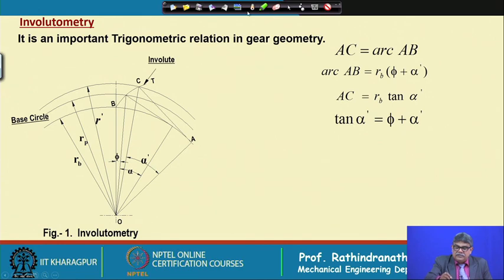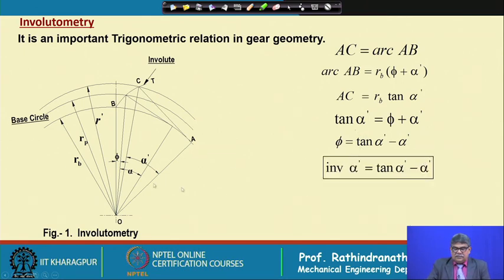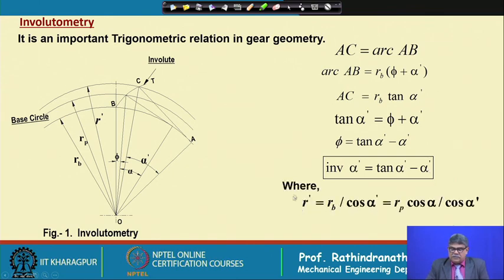So, from this relation, we can write phi is equal to tan alpha dash minus phi dash, and this angle is now expressed as involute alpha dash, which is nothing but tan alpha dash minus alpha dash, where r dash means this radius is equal to r b by cos alpha dash.